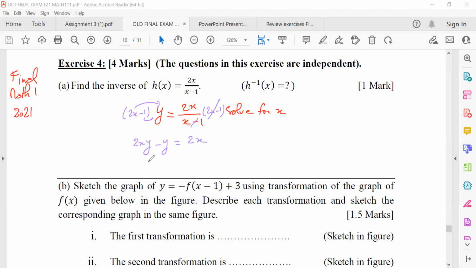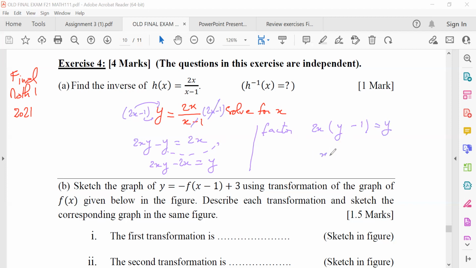Then we collect all x's on the same side, 2xy minus 2x, and terms without x to the right side, equals y. We factor. So we have 2x as a common factor. Here it remains y minus 1 equals y.